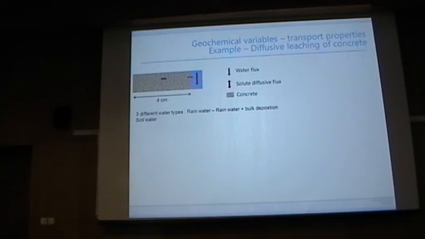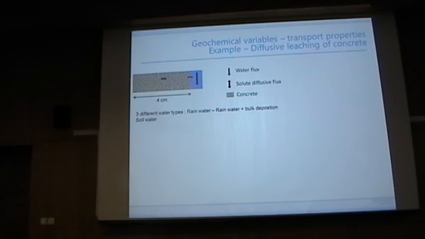And we did the simulations for 3 different water types. Pure rainwater, then we have rainwater also with bulk deposition, dry deposition in it. As a consequence, cation and anion concentrations will be larger there. And then the last one, we call it soil water. Well, that's water where we assume that there is some microbiological activity and the partial pressure of CO2 is about 1 order of magnitude larger than in the atmosphere.